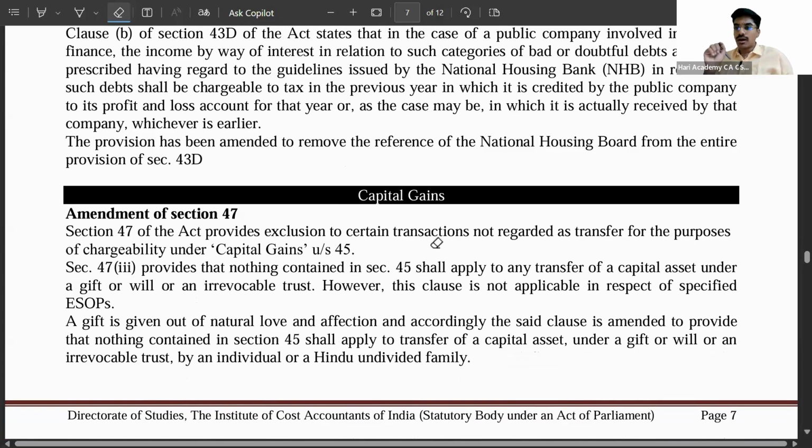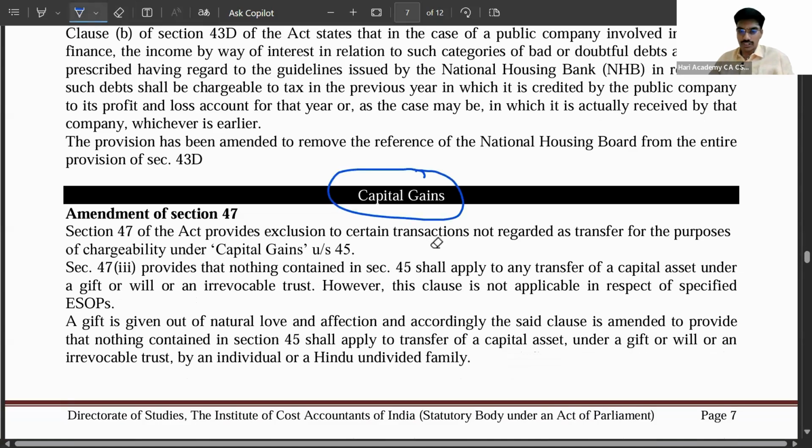See, in this exam, expect a question from the capital gains chapter, because there has been a major overhaul in the way in which capital gains are to be computed. For this assessment year 25-26 and this examination in June, expect a question in capital gains. Spend some good time in this.